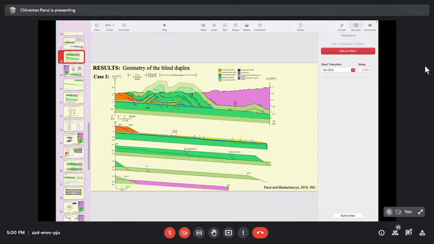If it can, then they subject this model to another check, which is the thermokinematic. With this subsurface geometry and the kinematics, can it produce thermochronometric ages based on the modeling, and can it match the measured thermochronometric ages? If there is a match, you are more confident about the model.